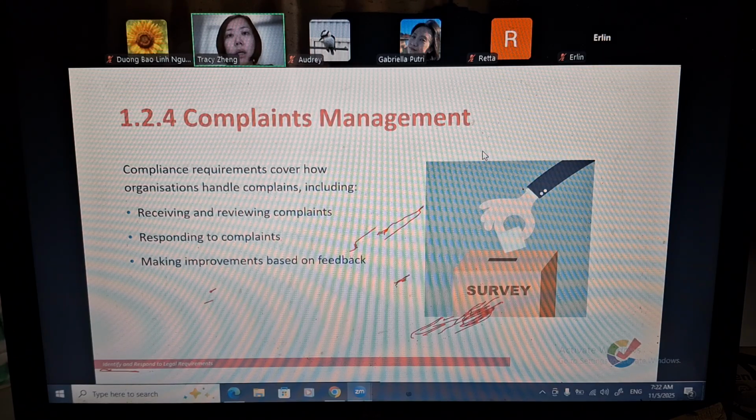You can complete the feedback form and submit it to your supervisor, and also verbally talk to your manager regarding your client's concern.